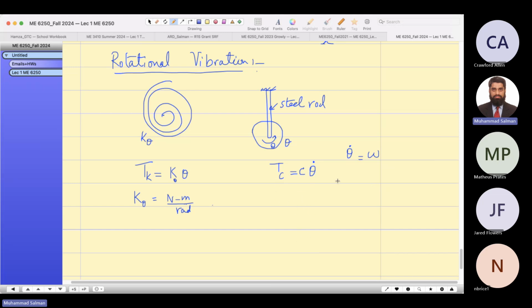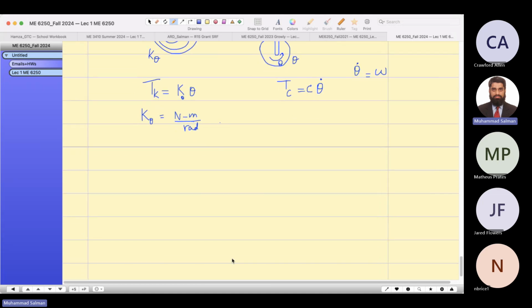Okay, now after we understand these torques, then the next step is to find out the mathematical equation. We call it a differential equation.